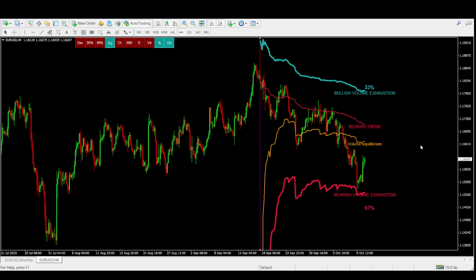And this is very important, because you will see that the market respects this level quite often and can be used for our benefit.